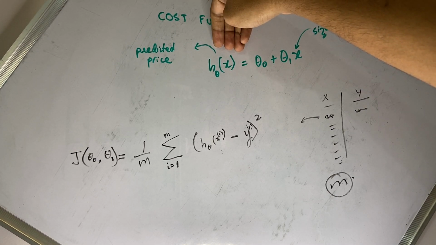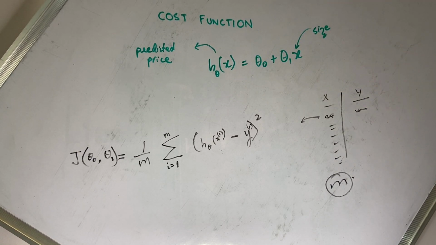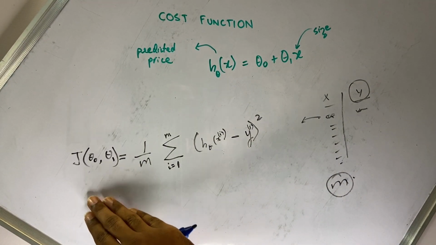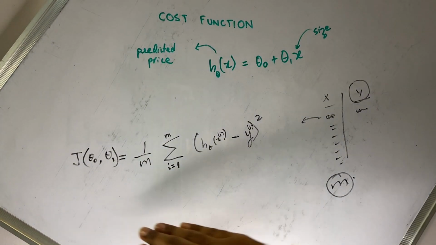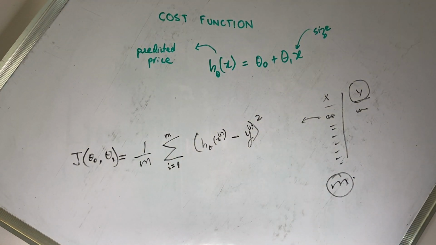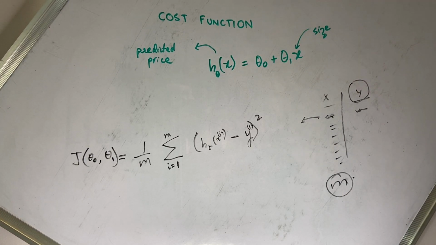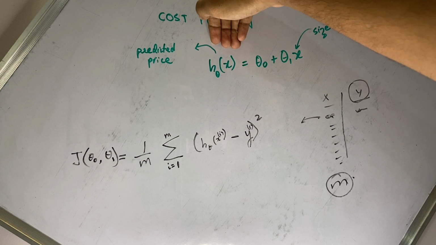If our predicted price is accurate, the gap between the predicted price and the actual price y will be very less. So if the difference is less, our cost becomes less. Once we minimize the cost to as low as possible, it means we have optimized our values theta 0 and theta 1, and then we can conclude that our prediction is better, it is more accurate.